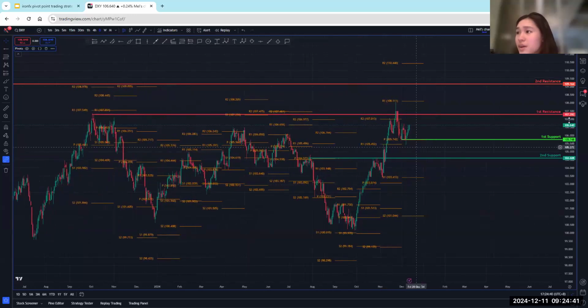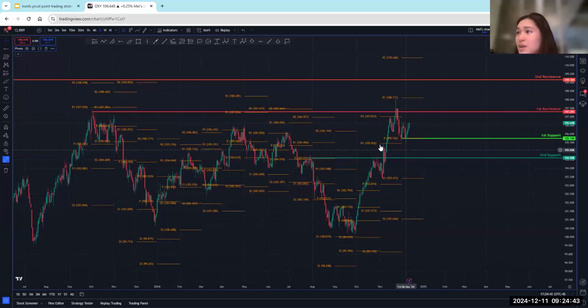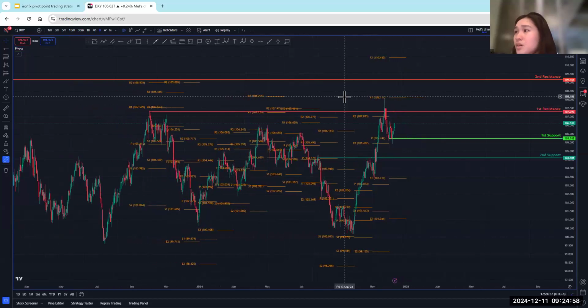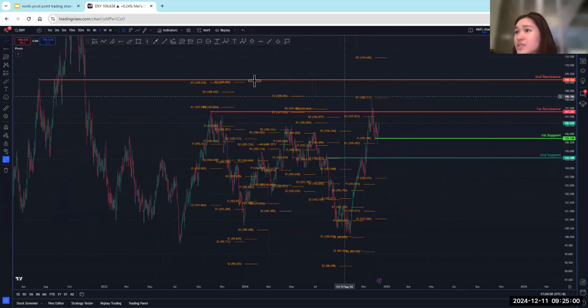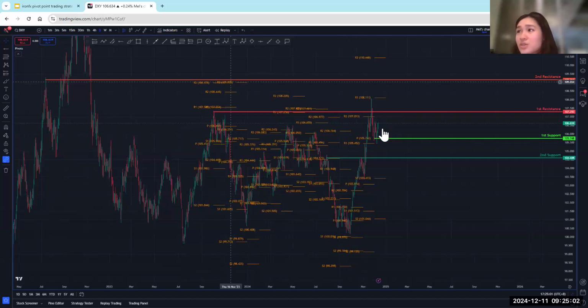Okay, and you can see my first support lines up nicely with today's pivot point, and also the previous resistance. Our first resistance lines up with R2. You can also see our second resistance lines up nicely with these R2 levels.